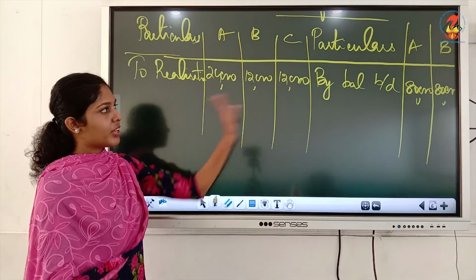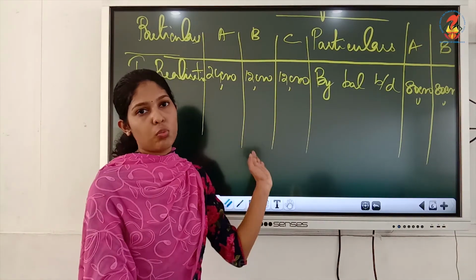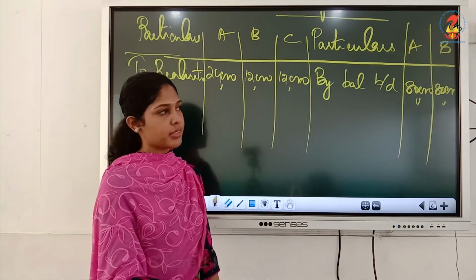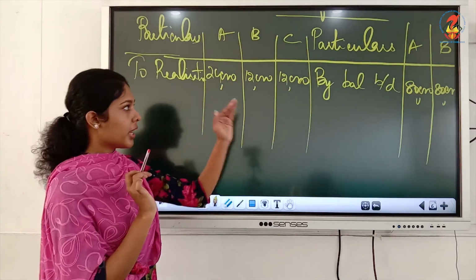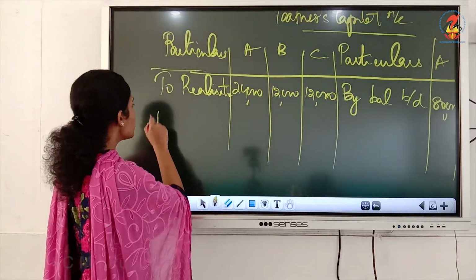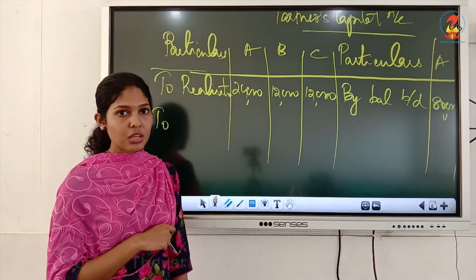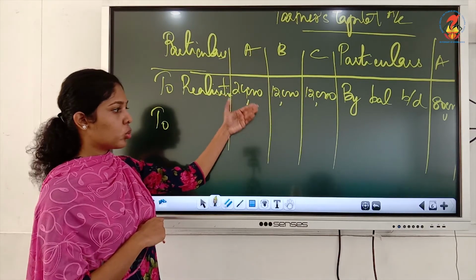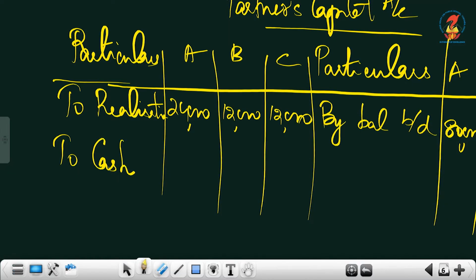Yes. So we finished the partners capital account. We wrote the opening balance. We wrote the loss on realization. Only 2 items are there. Clear? All 4 steps we have covered. Now you just find the balancing figure. Balancing figure we can't write as to balance carry down because we are not preparing balance sheet. Instead of that, this will be transferred to the next account that we are preparing, which is cash or bank. Here we are using the term cash.